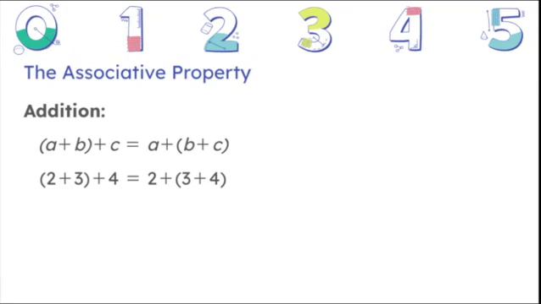So our simplified equation looks like this: 5 plus 4, because we did the 2 plus 3 first, because it's in brackets, equals 2 plus 7. And again, we have 7 because we did the 3 plus 4 first. Simplify that even further, and we have 9 equals 9. The equation balances, so we've proven that this associative property is true for addition.